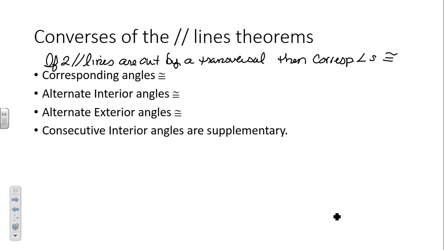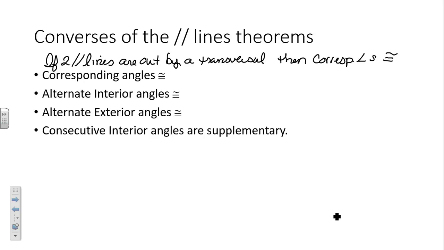Okay? So remind me, when we had a conditional statement and we wanted to find the converse, what did we do? We switched the order. But this is one of those times when we have to add some words to make it make sense. Because if we just switched it and said if two corresponding angles are congruent, then two parallel lines are cut by a transversal, that won't make a whole lot of sense.